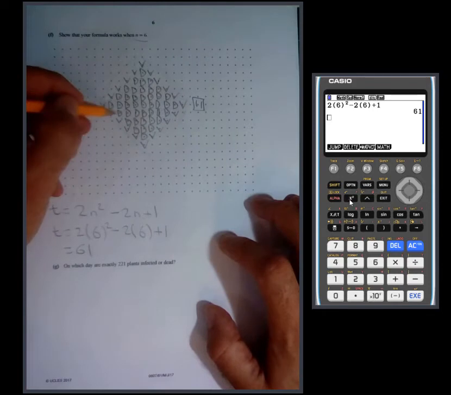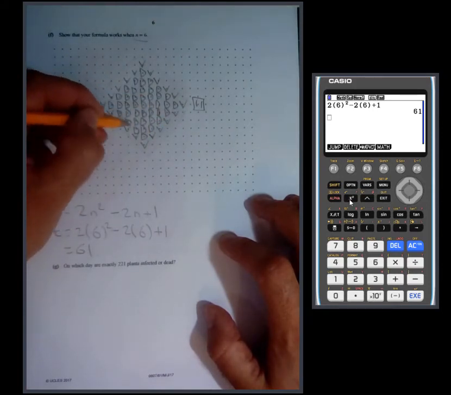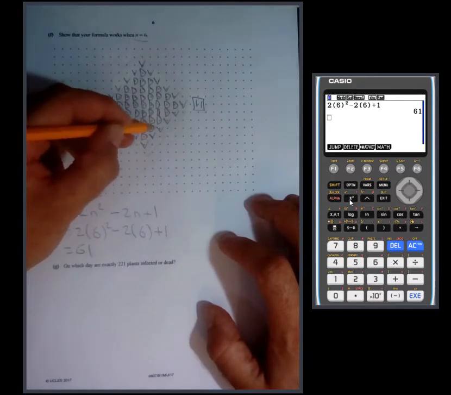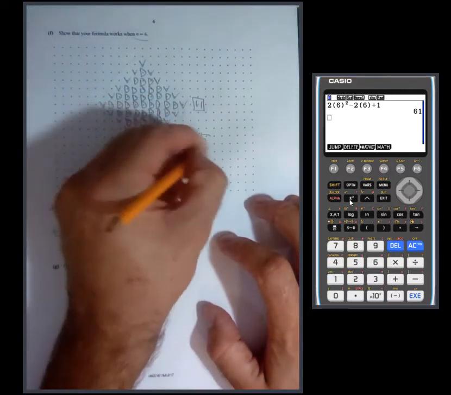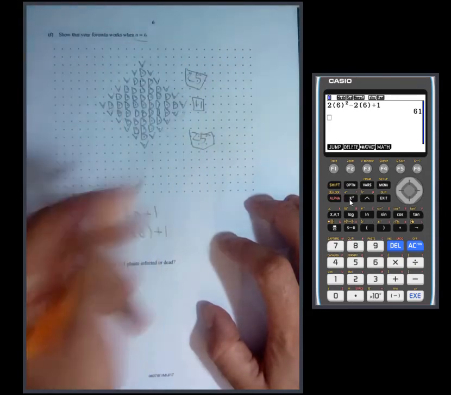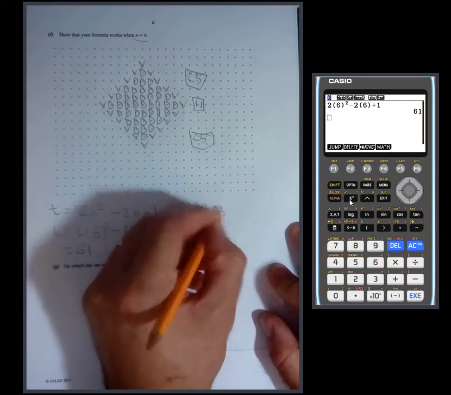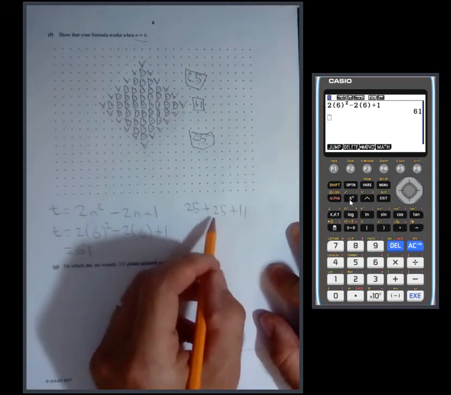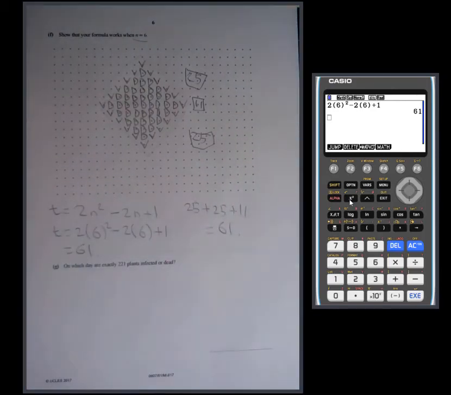If I count these, 1, 2, 3 up to 25. So I've got 25, and this must also be 25. So from the diagram, 25 plus 25 is 50, plus 11 equals 61. So I think that's enough to show that it works when n equals 6.